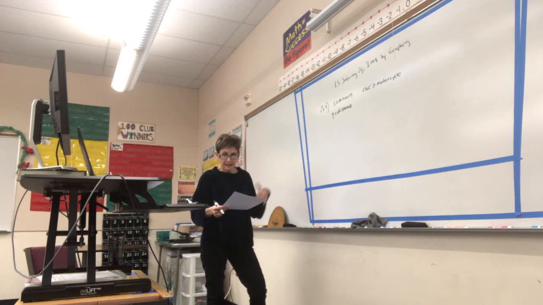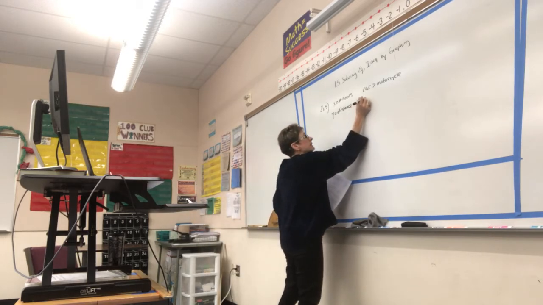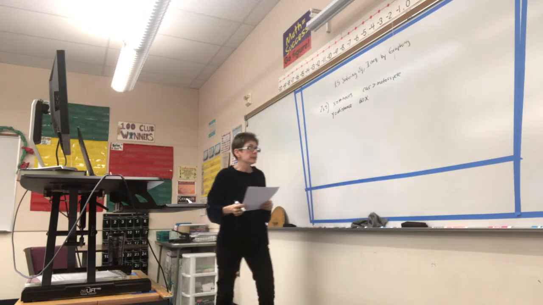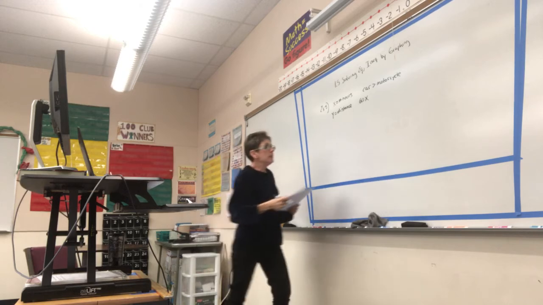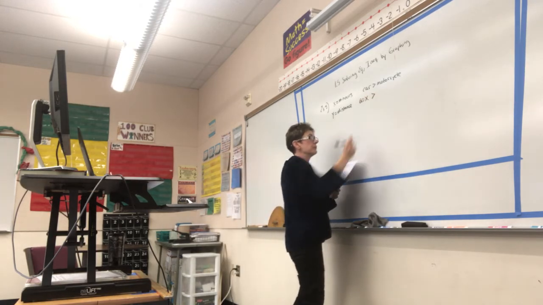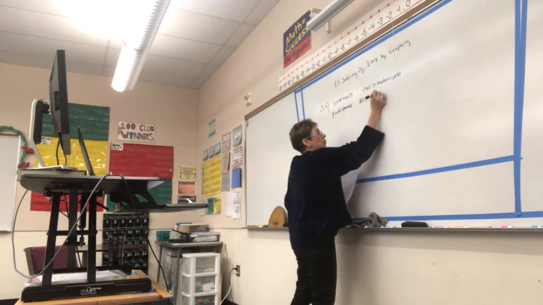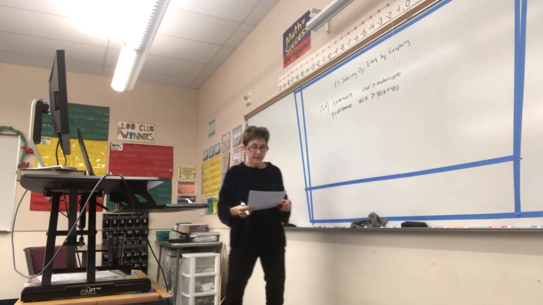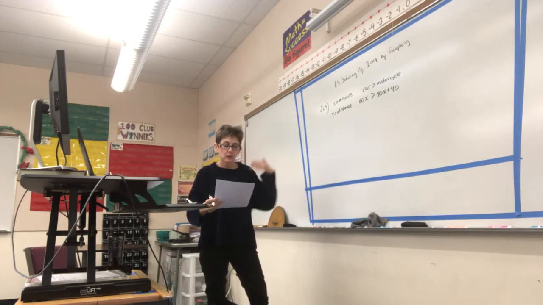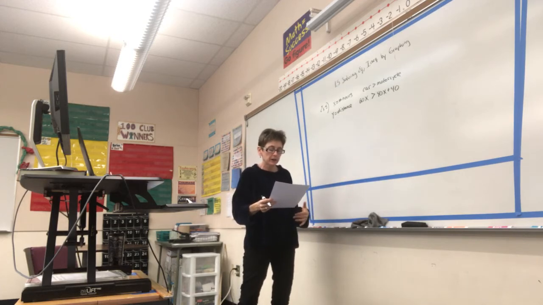If we wanted to write an algebra expression for how far the car has traveled, we would just write 60 times x, because the car is going 60 miles an hour for x hours. If we wanted to write an algebra expression for the distance the motorcycle has gone, it would be 40 times x plus 40. The reason that we add that extra 40 on there is because the motorcycle had a 40-mile head start on the car.